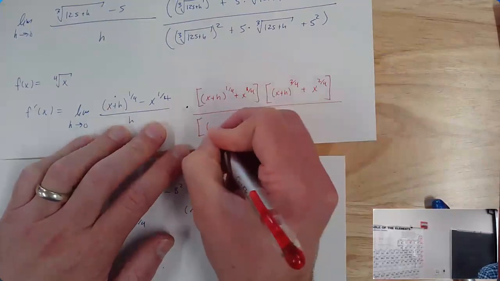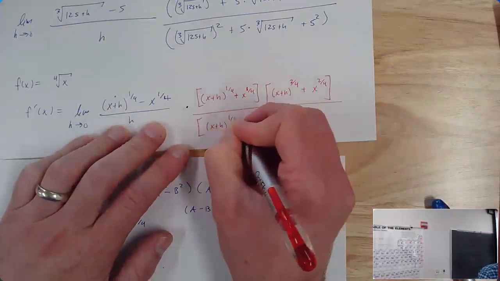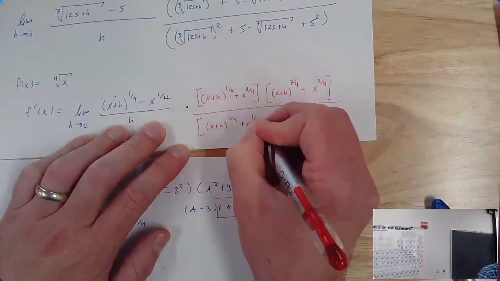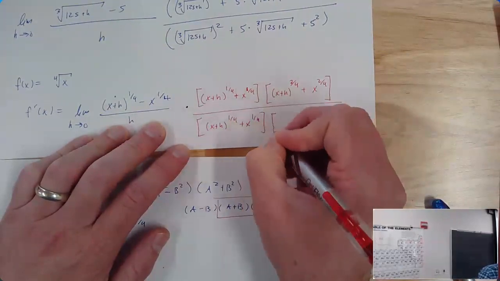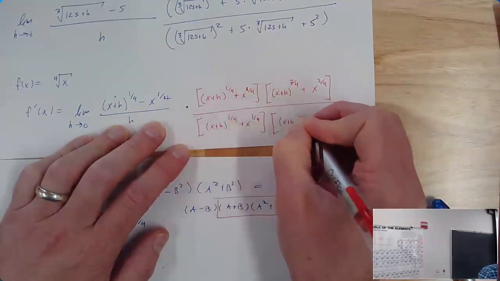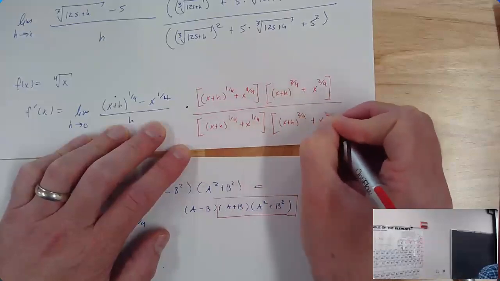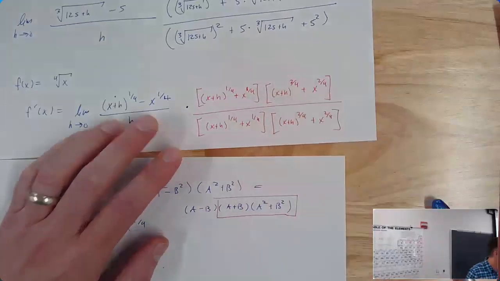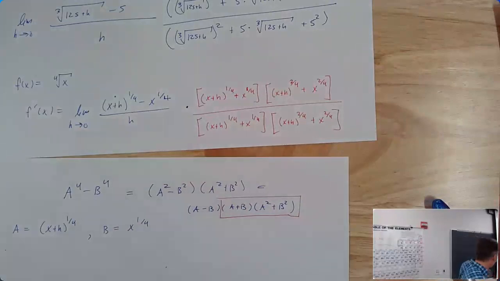This is the thing you would need to multiply by to actually do the definition of the derivative the long way. This is why we eventually develop the power rule, so that we don't have to do this every time we're trying to find a derivative, because it gets terrible to do.